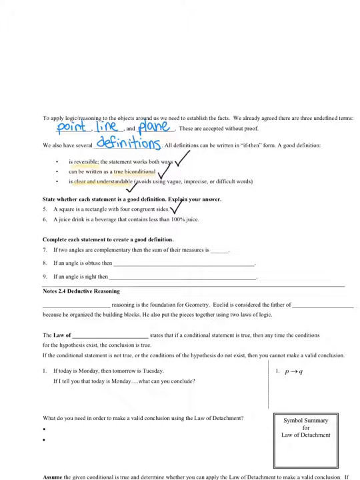Is that always true? No, right? So this one fails our reversible check, since there are lots of beverages that are less than 100% juice, water being an excellent example of one. Therefore, 6 is not a good definition.